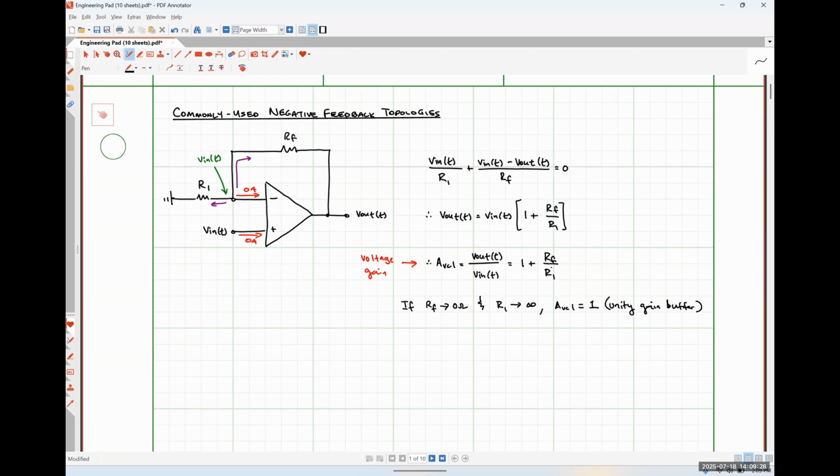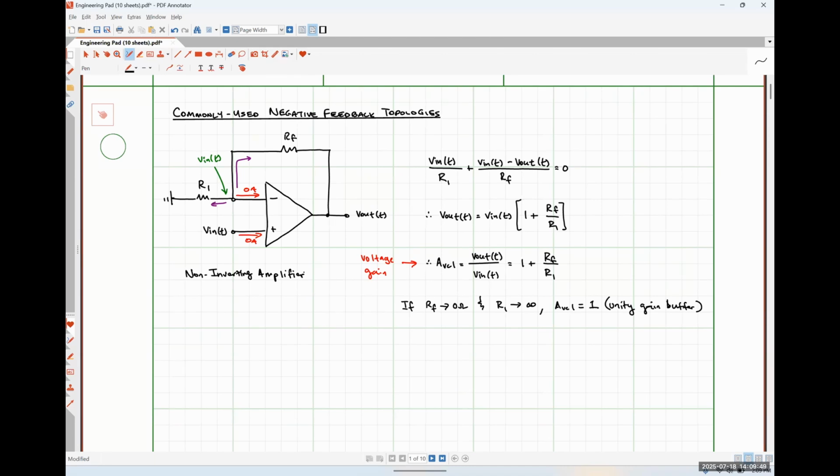Notice that our voltage gain is always going to be a positive quantity. It'll never be negative. So this circuit is what is commonly referred to as a non-inverting amplifier.